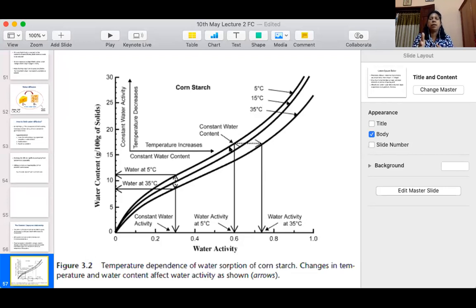Then the two dotted lines show very important information about how that product behaves. Now can you understand clearly? So water is not just an H2O molecule. It is not just an H2O molecule.